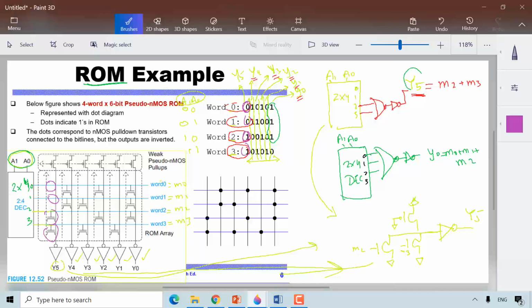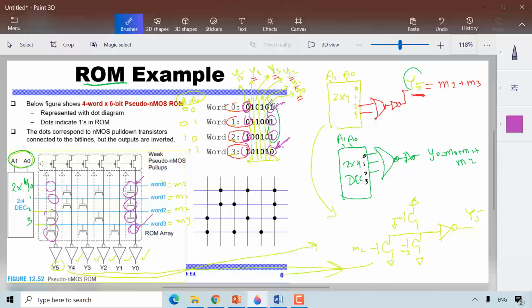Look at Y0 here. You have a 1 at word 0, so you have a transistor there. You have a 1 at word 1, so a transistor connected to word 1. You have a 1 at word 2, so a transistor connected to word 2. But you have a 0 at word 3, so no transistor connected to word 3. So the presence of a 1 means you have a transistor, and the presence of a 0 corresponds to the absence of a transistor.